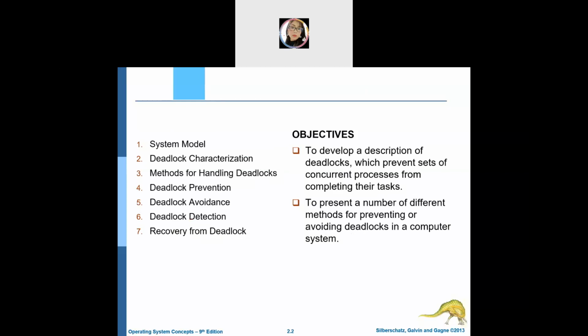Okay, so the objective of our Module 7 is to develop a description of deadlock, which prevents a set of concurrent processes from completing their task.